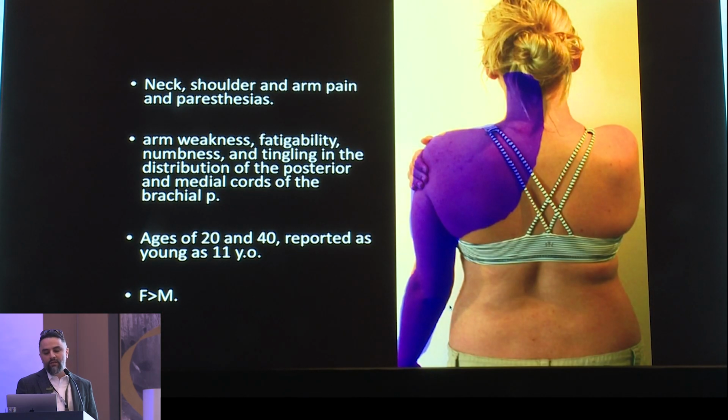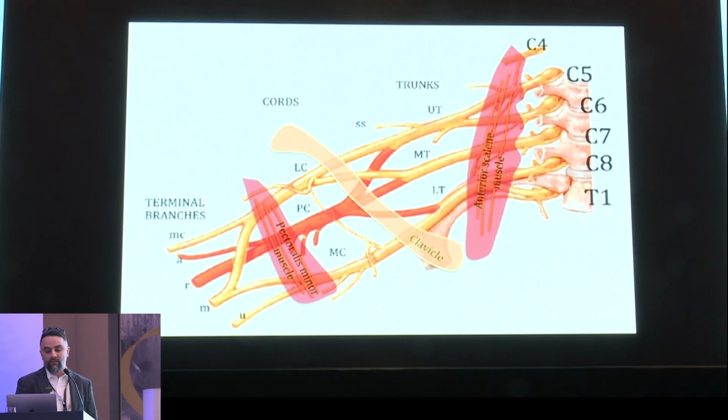Now, a few cases. We always see in our clinic neck and shoulder radiculopathy. It could be neck, it could be shoulder, but sometimes we underestimate the chance of neurogenic thoracic outlet syndrome, which can also be one of the options for a non-surgical intervention.